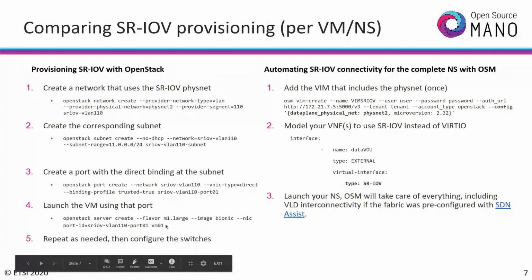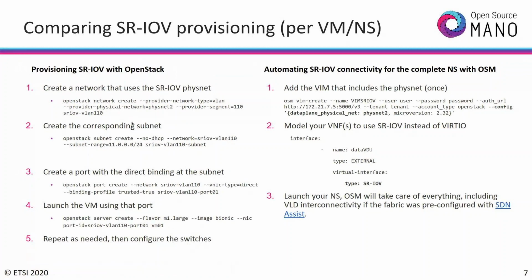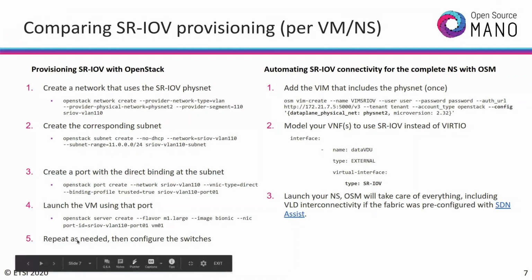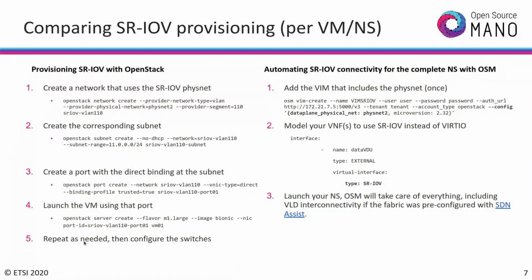And for that, you do this for each virtual machine that you need to support SR-IOV. And finally, when you have all your virtual machines that need SR-IOV exposed to the physical switches, you need to configure these physical switches for the connectivity of these VMs, because these VMs by default won't have a DHCP server, because OpenStack can't see them by default.